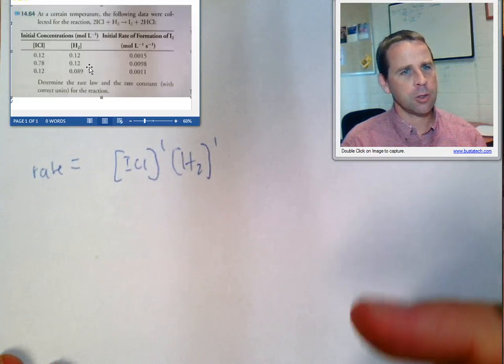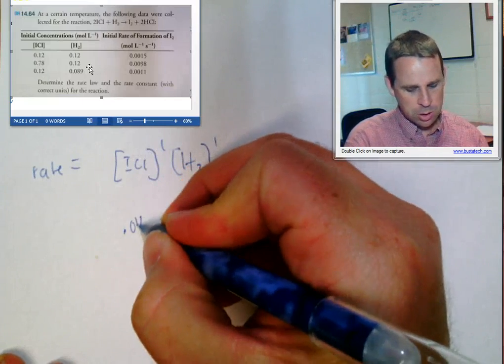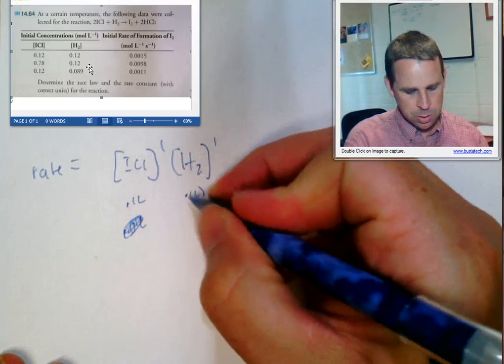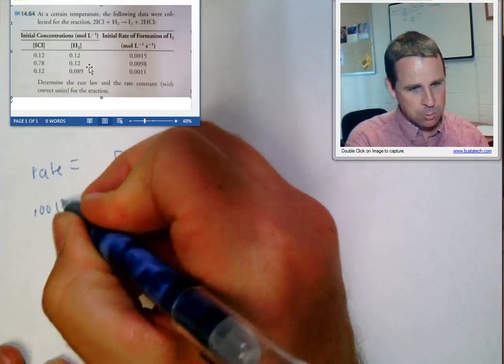And then I can take the first reaction there, and put in their concentrations. 0.12 here, 0.12 here, and the rate ends up being 0.0015.